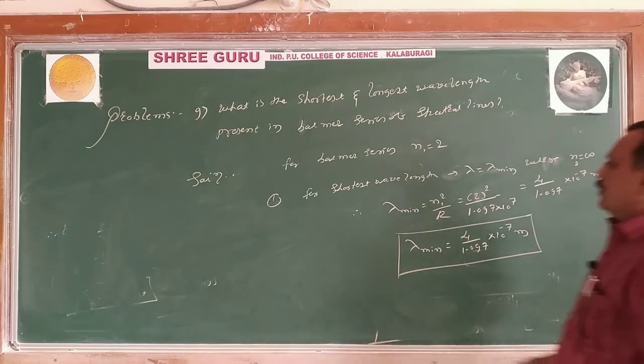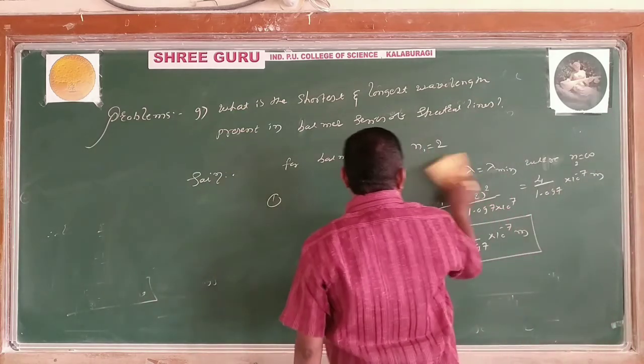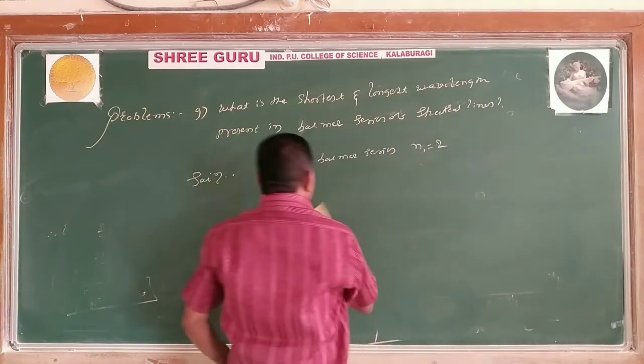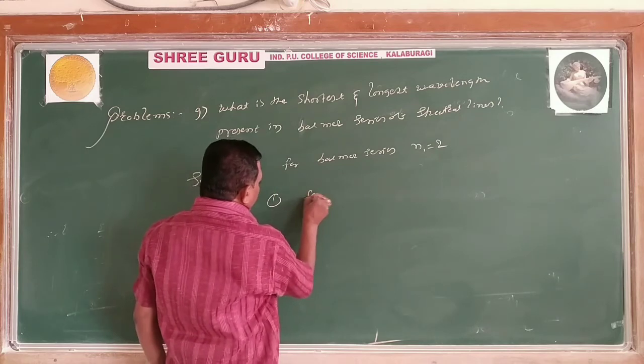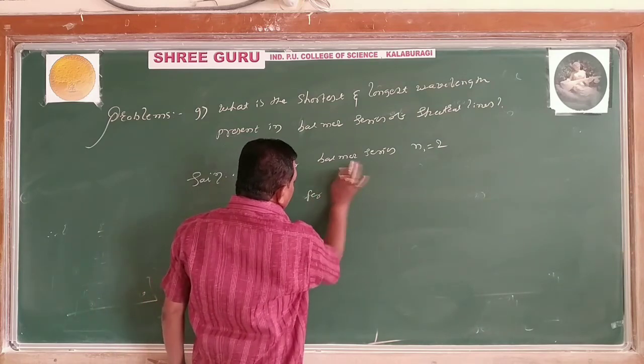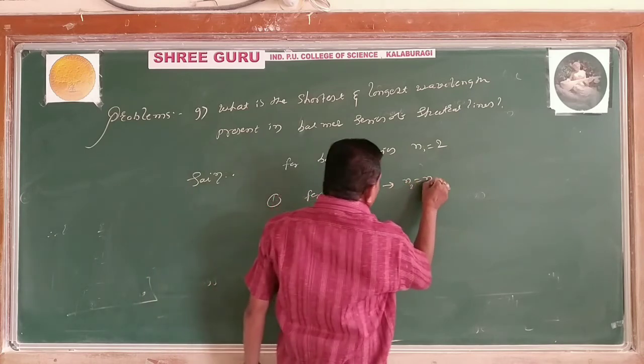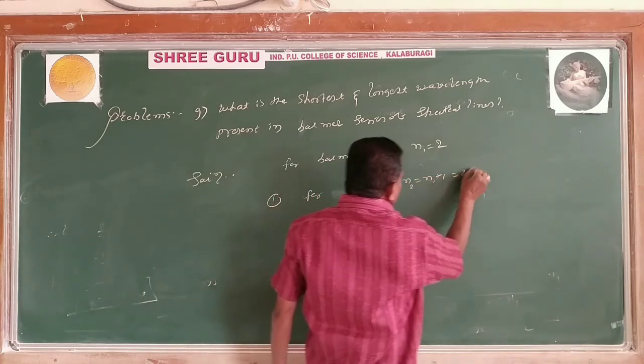For lambda maximum, n2 equals n1 plus 1, that is 2 plus 1, 3.